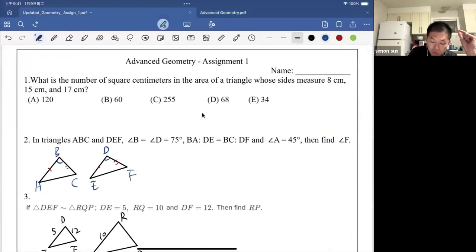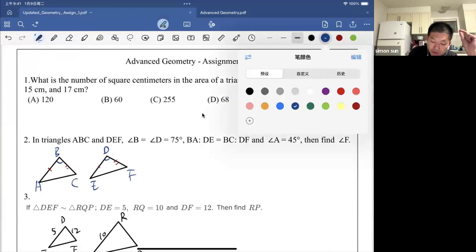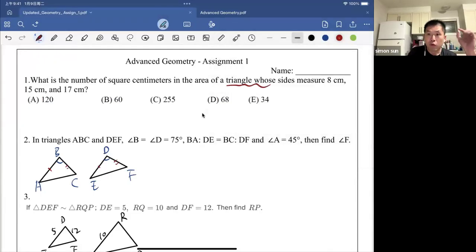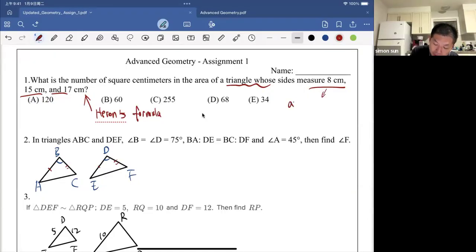Now, okay, we have a triangle. We don't know the base and the height, but we do know the three side lengths. So we can use Heron's formula. Let's call A equal to 8, B equal to 15, C equal to 17.